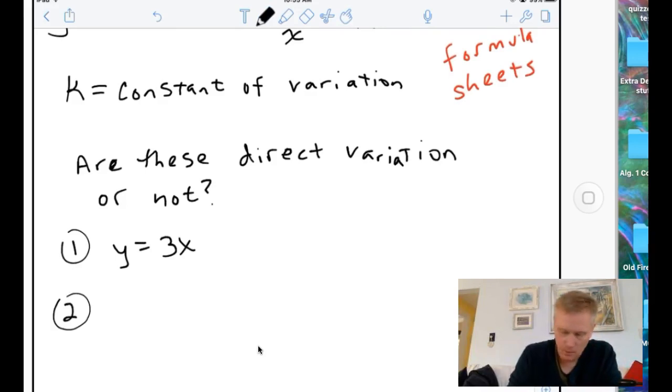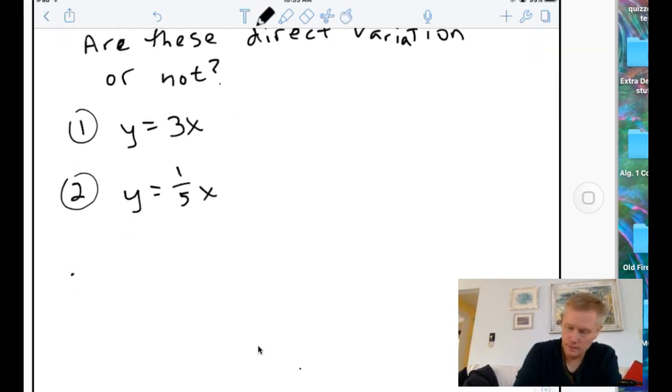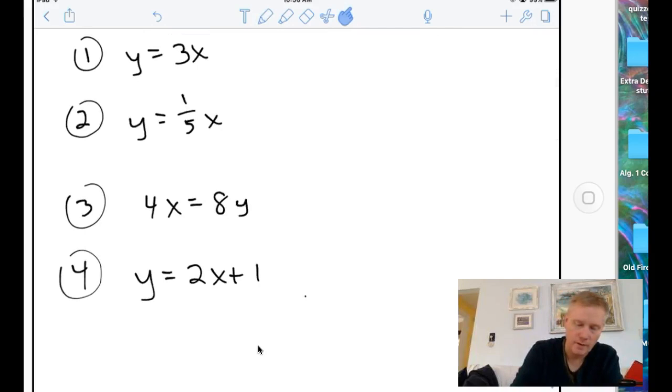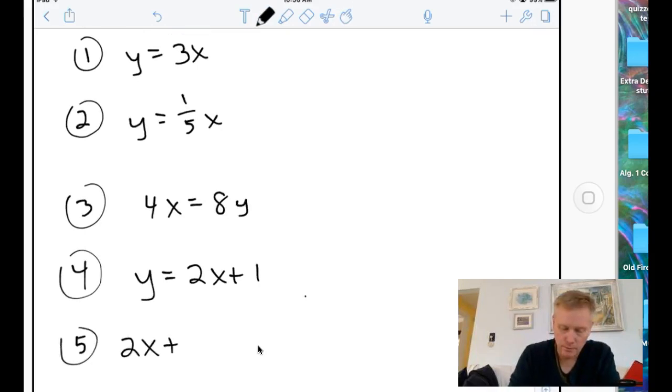Two, y equals 1/5 x. Three, 4x equals 8y. And I've got 5 of them. Four is y equals 2x plus 1. And number five is 2x plus 4y equals 8.